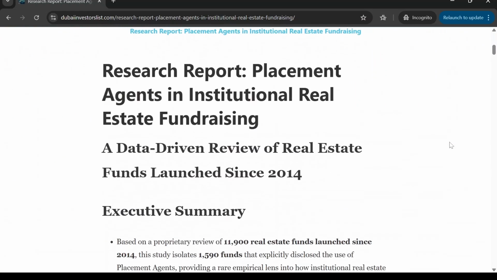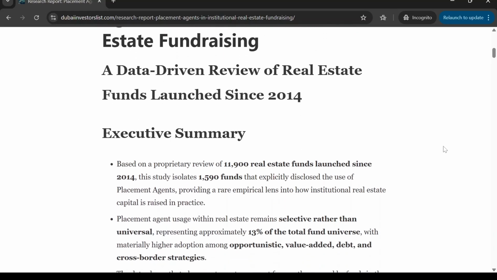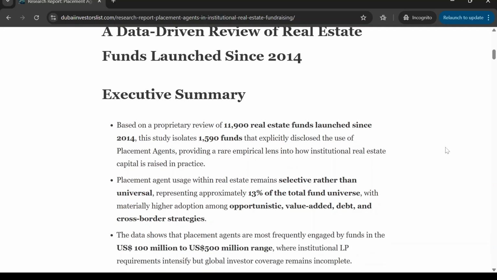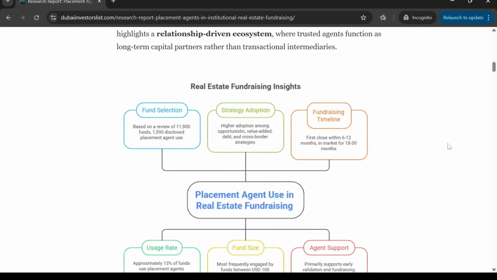And you can see here, I've posted the entire report on here. It's basically a data-driven review of real estate funds launched since 2014. So I've looked at 11,900 real estate funds. This is specific to real estate, just to use as a comparison and some of the key metrics. I'm not going to go through the entire report.